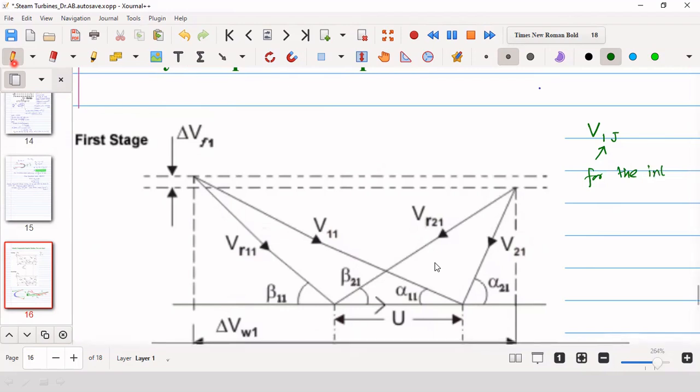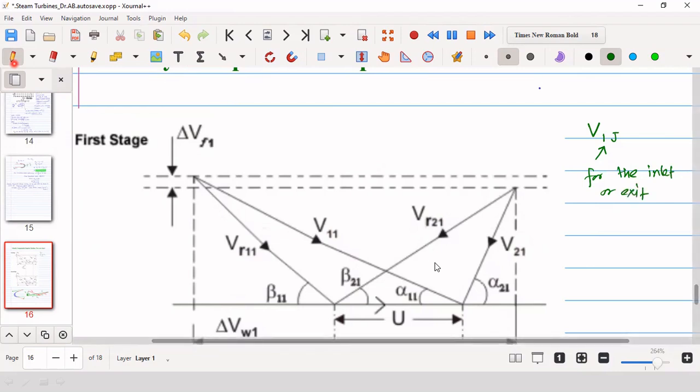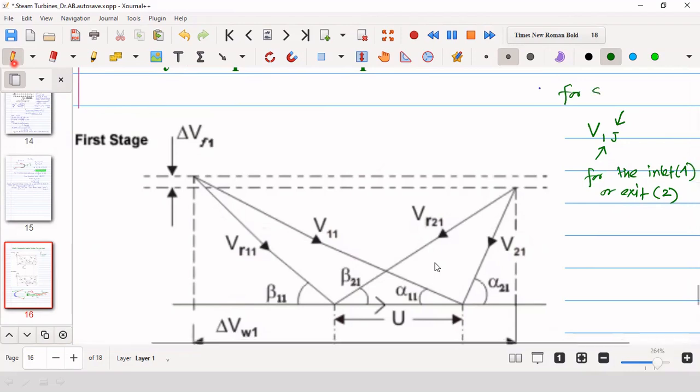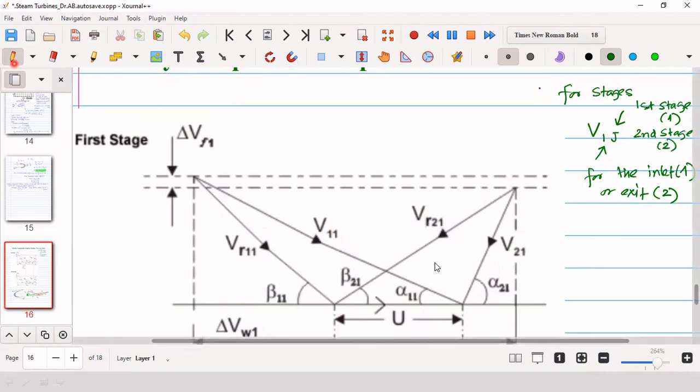For inlet it is 1, for exit it is 2. And this J is for stage. That means stages. So first stage it is 1, second stage it is 2. So we can easily understand that.